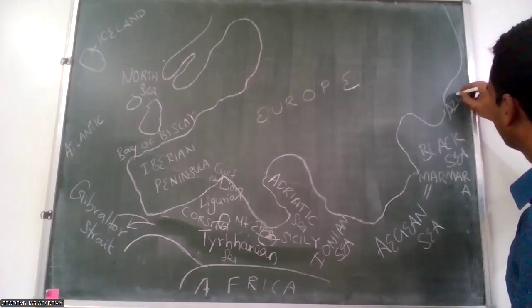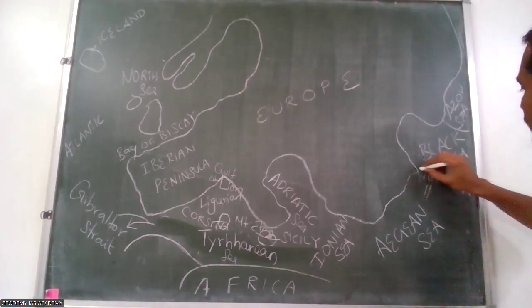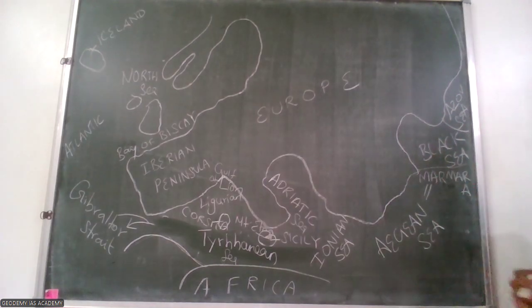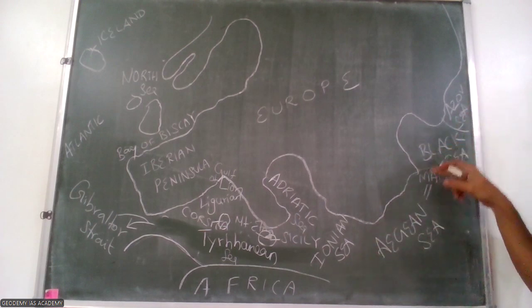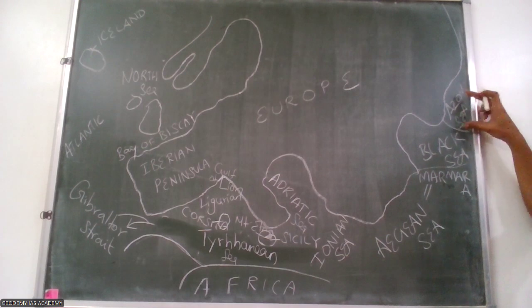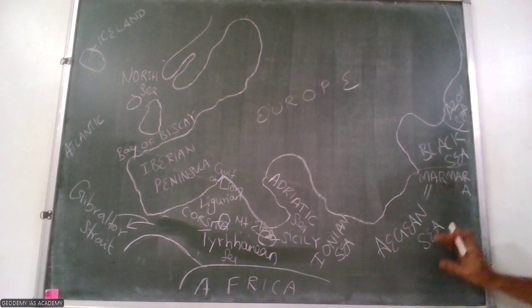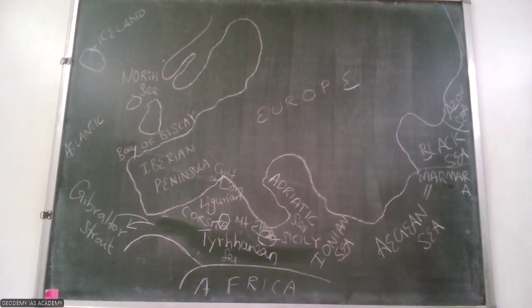So the Azov Sea, Black Sea, Sea of Marmara, Aegean Sea: the Sea of Azov connects to the Mediterranean through straits. Remember it from north to south: Sea of Azov, Black Sea, Marmara, Aegean Sea. And the west to east order, you should remember as well.